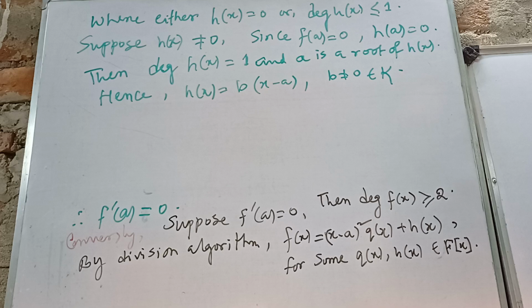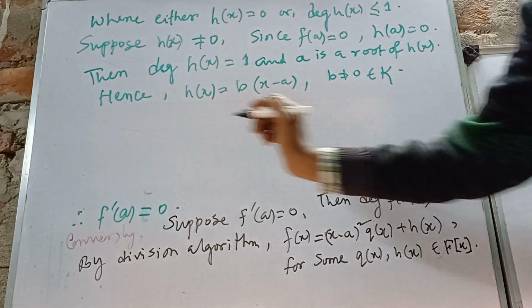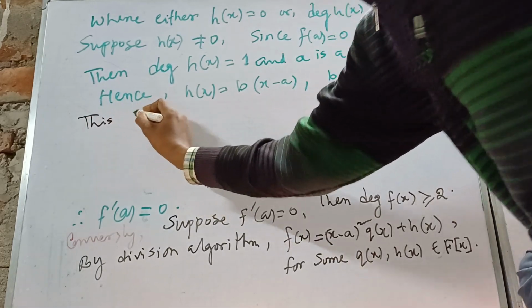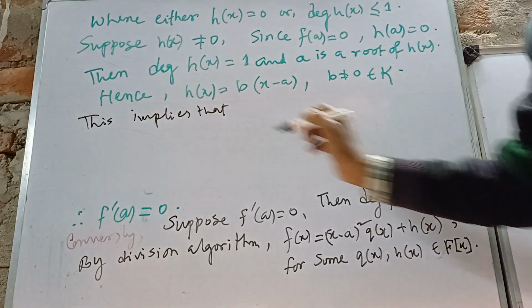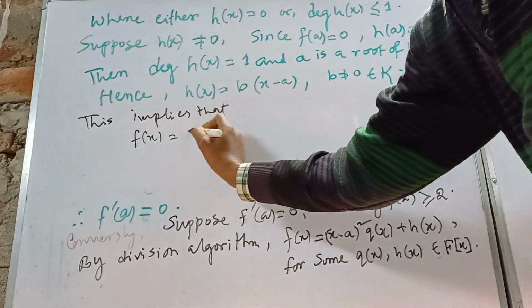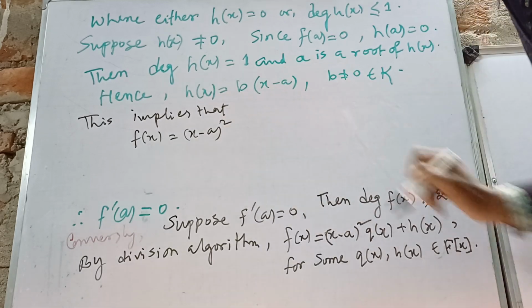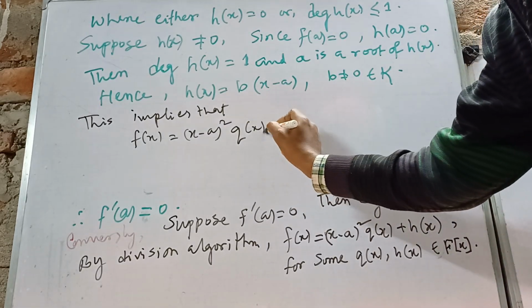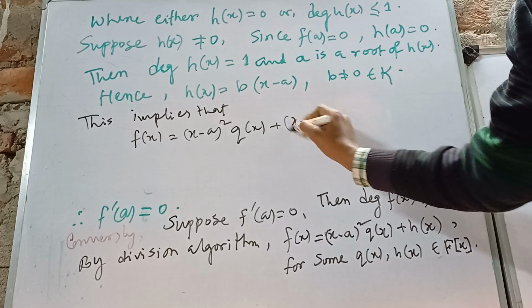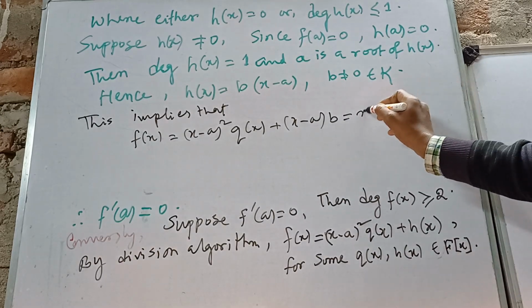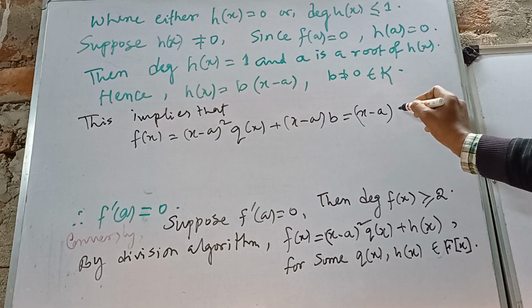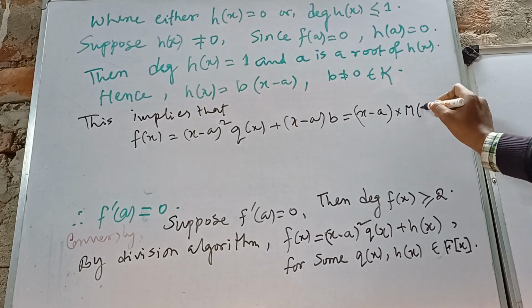Then this implies that f(x) equal to (x minus a) square q(x) plus (x minus a) b, equal to (x minus a) multiplied by some m(x).